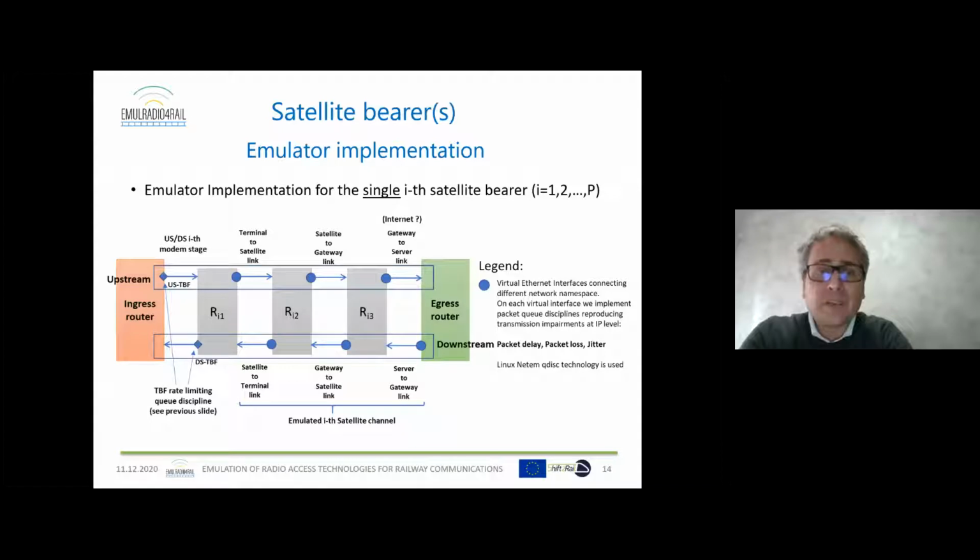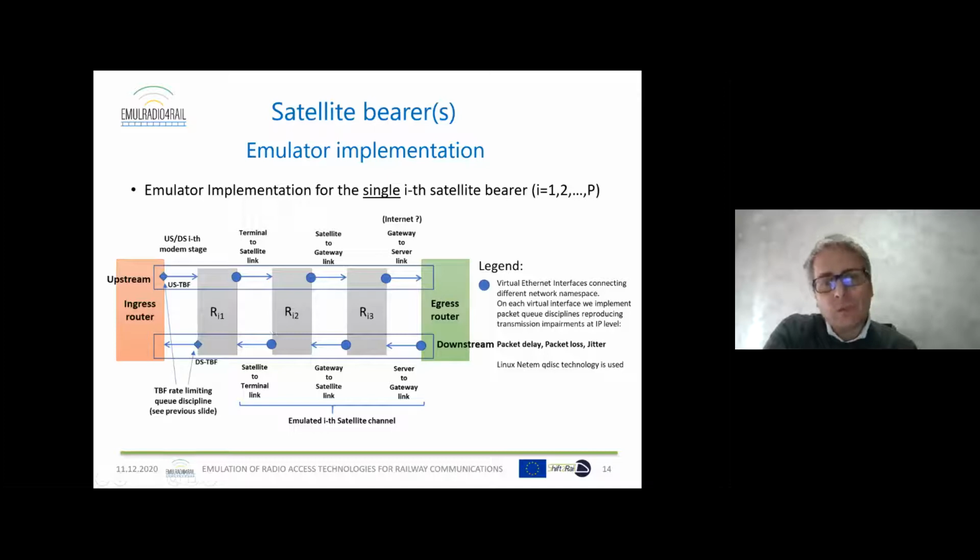These virtual routers, able to route packets between the ingress and the egress router, are able to emulate the single nodes of the entire satellite transmission we have seen in the previous slides. So in this way, we have the link between RI1 and RI2.